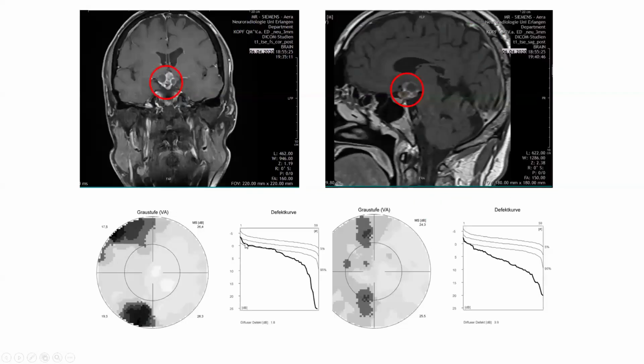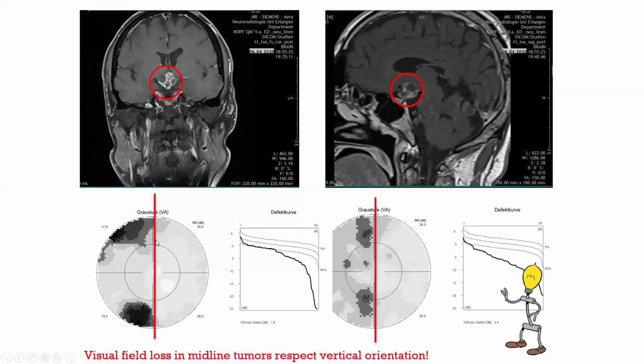And critically, we go back to the visual fields. What do we see? We overlooked the vertical orientation of the defect. So this patient has a homonymous defect to the left-hand side, which should have us think of something in the crossing of both nerve fibers and of both optic nerve heads in the center.